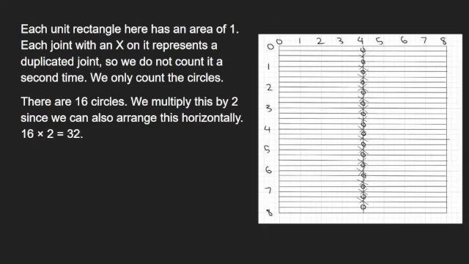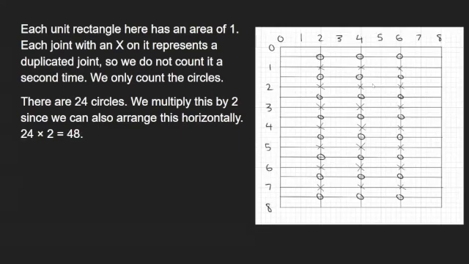Each unit rectangle here also has an area of 1, and same as last time, we don't want to count the joints with x's on them because they are duplicated already. Here we are dividing it by height 1/4, so the length has to be 4, so we can only have 4 and 8.